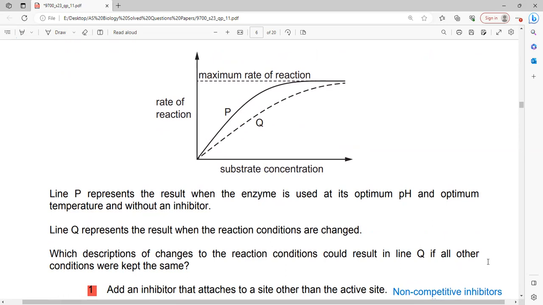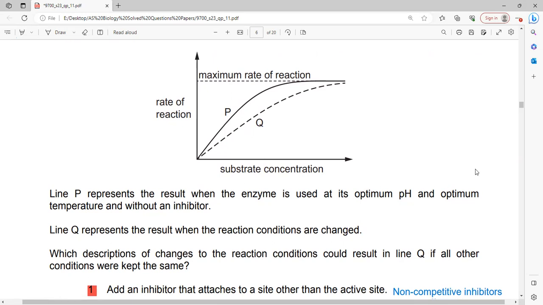The question is, which description of a change to the reaction conditions could result in Q if all other conditions were kept the same? So what one change caused the rate of reaction to decrease, leading to Q? What is responsible for Q?